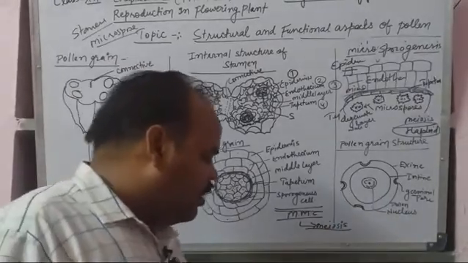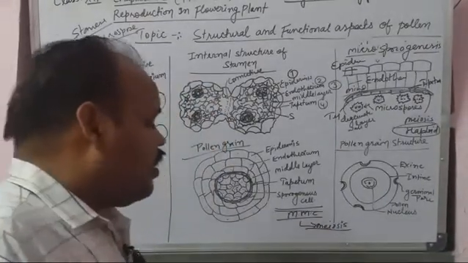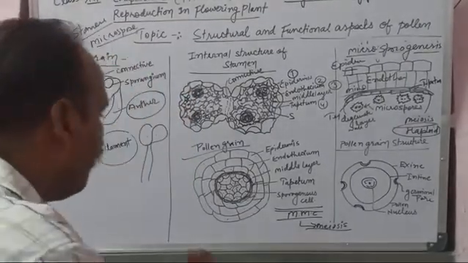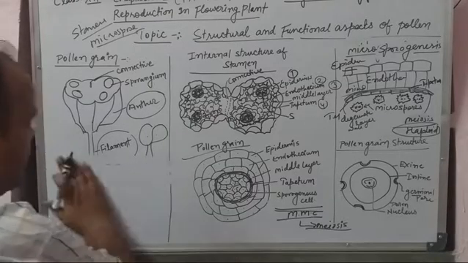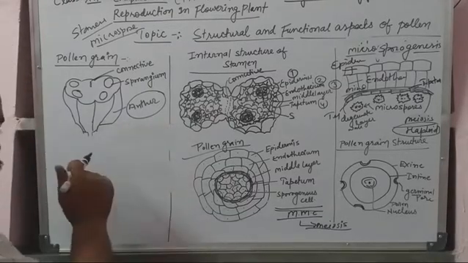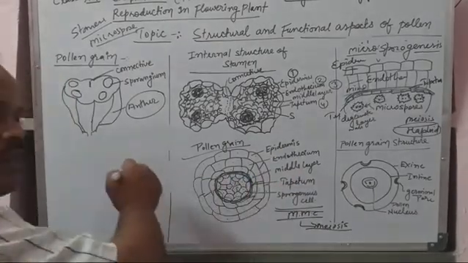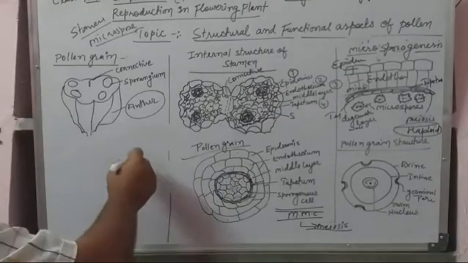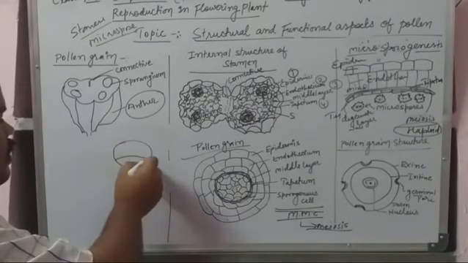This pollen nucleus will be divided, and there is the formation of two types of cells. Look here, it divides and forms two types of cells.